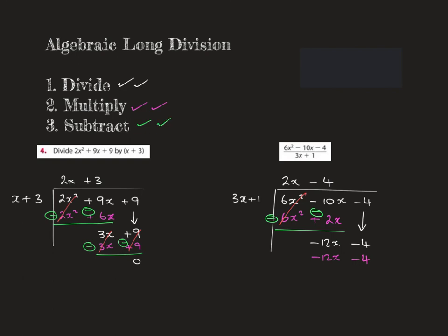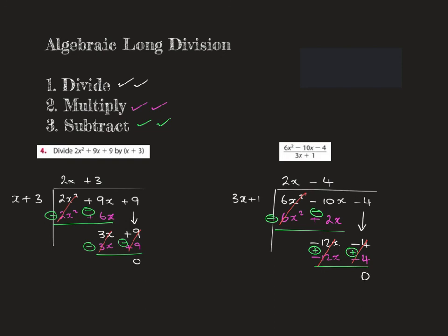Last step is to subtract, so draw your line. Now if I subtract a negative, it turns into a positive. So that's why I've always been saying draw your line and change your signs, because if it's negative and I subtract it, it'll turn into a positive. So I know the two of them are going to cancel, and when I change my signs here, I know the two of these are going to cancel, because negative 4 plus 4 will leave me with 0.